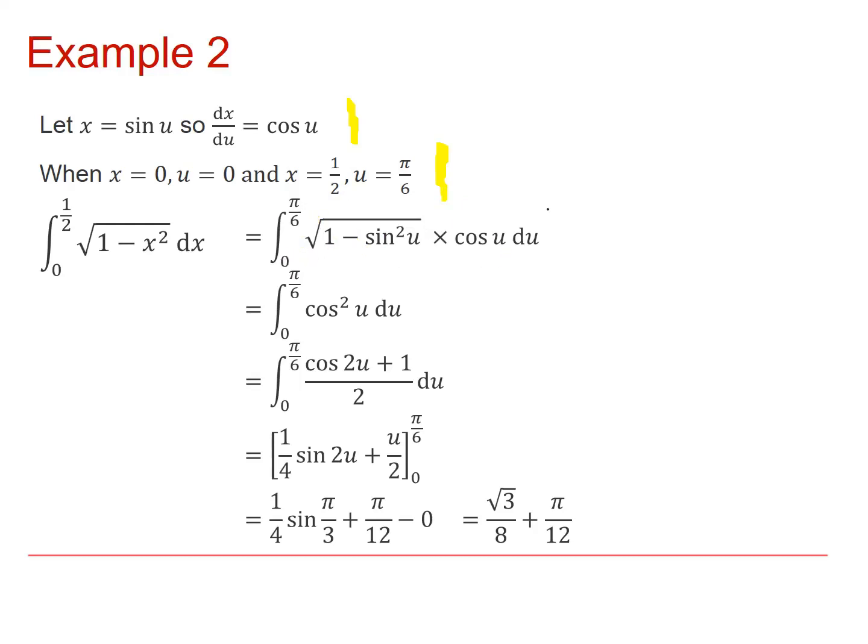And whilst we're there, it's worth noting that you will sometimes see this kind of notation, x equals 0, x equals a half, some kind of integral dx, and then later on you might see an integral with u equals 0 and u equals pi by 6, du, with some kind of integral to show that the limits are relevant to the variable that you're using for the integration. And my result is down there at the bottom.